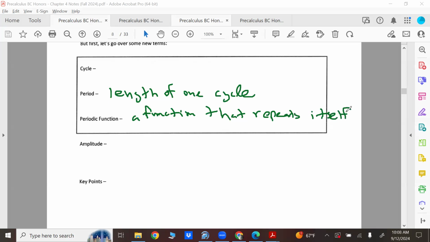I'm not sure how to define a cycle. I could just show you a graph. That's one cycle, right? I guess I can call it a repetitive pattern.